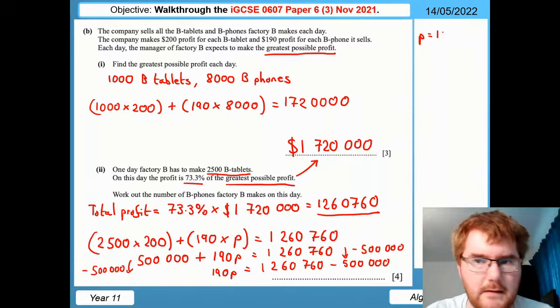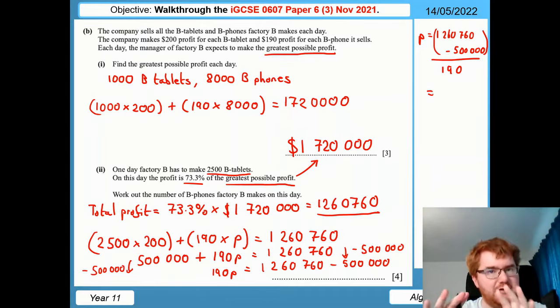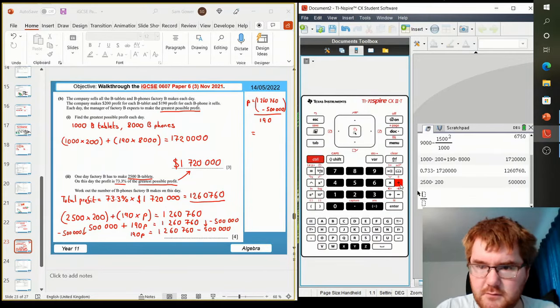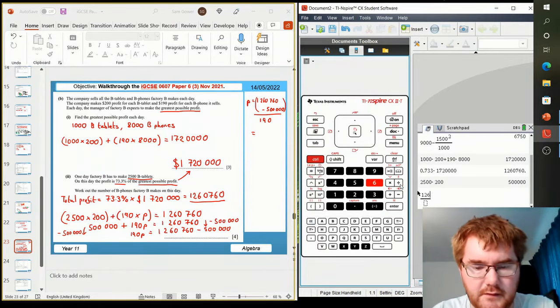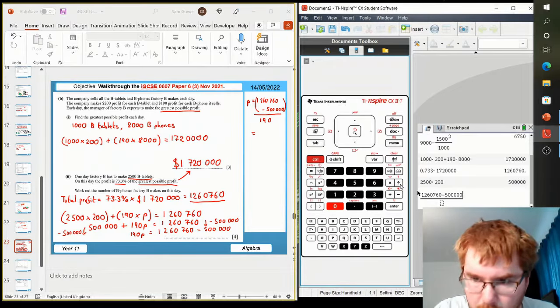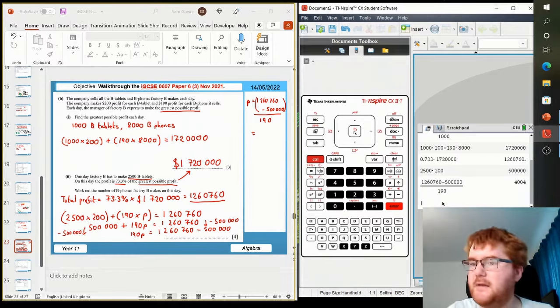So we need to do 1,260,760 minus 500,000, and then divide all of that by 190. So now I've got that calculation ready, let's go to the calculator and do it. So we want a fraction: 1,260,760 minus 500,000, divide by 190. Boom, and we get an exact answer here.